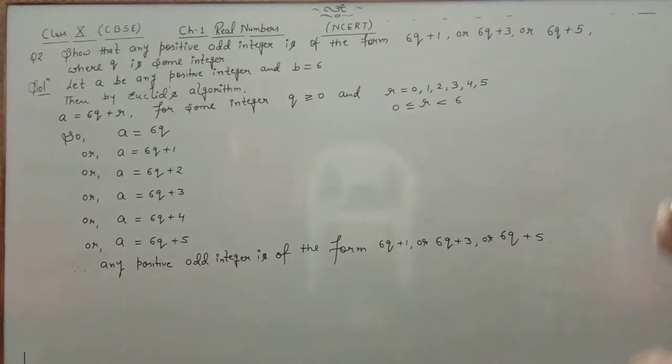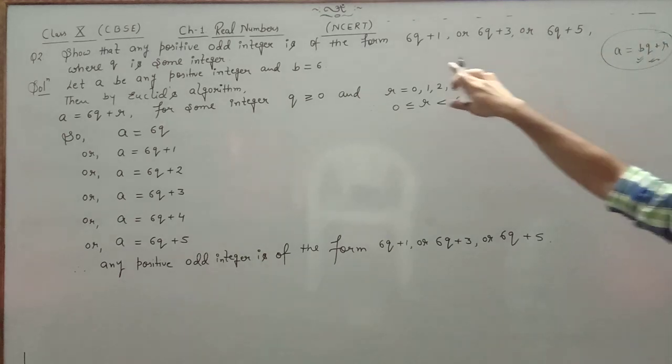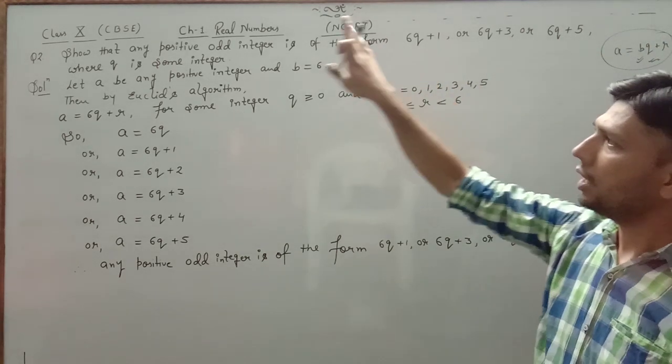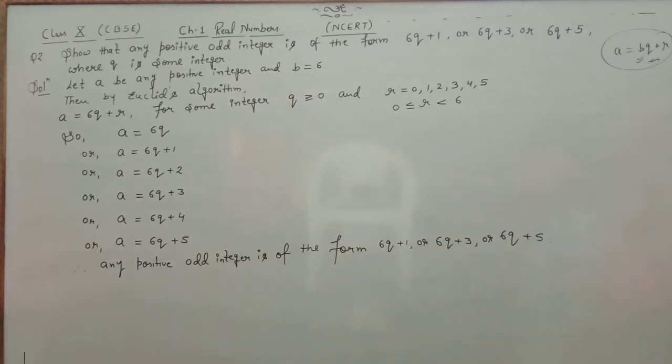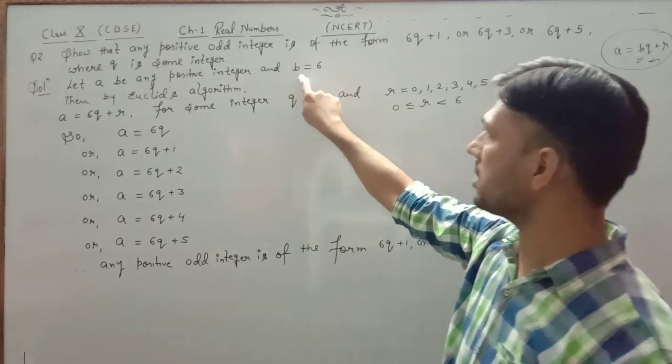Now compare this by our Euclid division. See here, bq plus r. So b is here 6. So let a be any positive integer, and b is equal to 6.